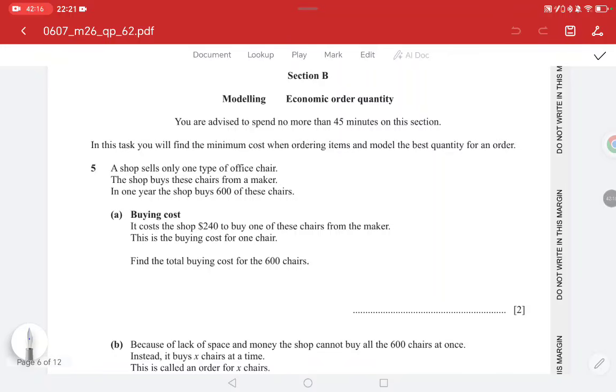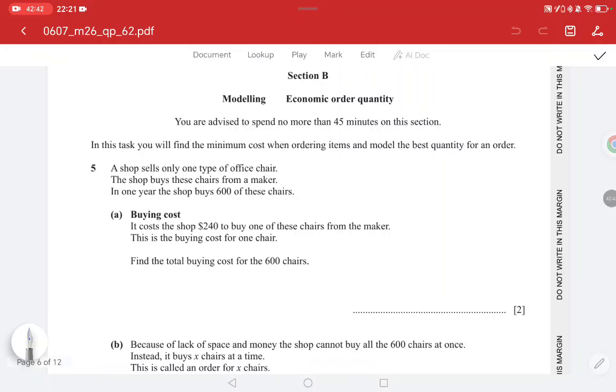This is related to economics and real operational research about business worldwide, about how to minimize the cost related to storage, delivery and ordering, and a lot of things.